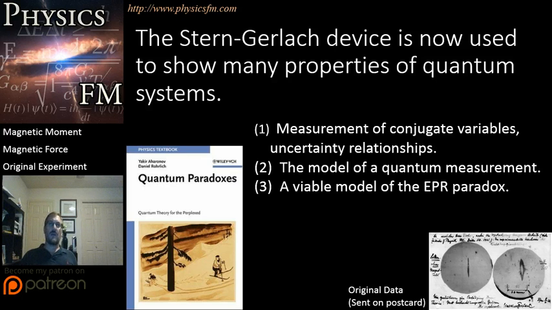Well, when Bohm wrote his quantum mechanics book in, I think, the 1930s, he inserted a description of the EPR paradox using the Stern-Gerlach device. He used a few Stern-Gerlach devices to show what happens with these entangled particles and so forth. So that's a very important thing. It's a very interesting way to do it.